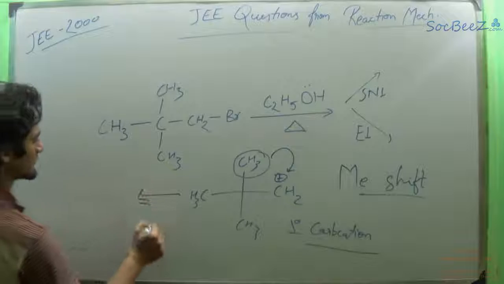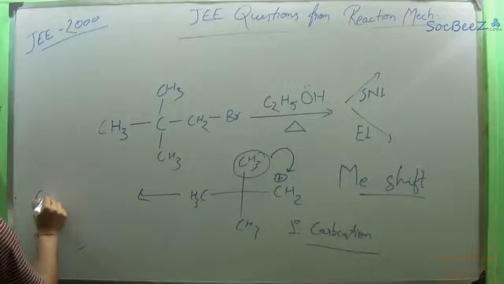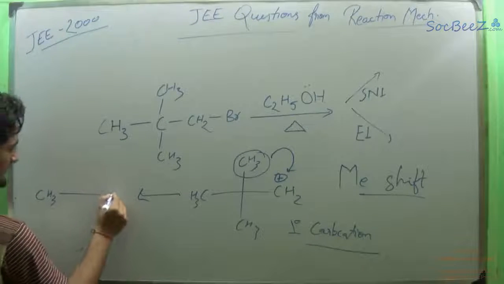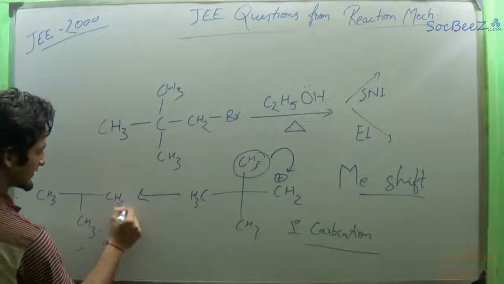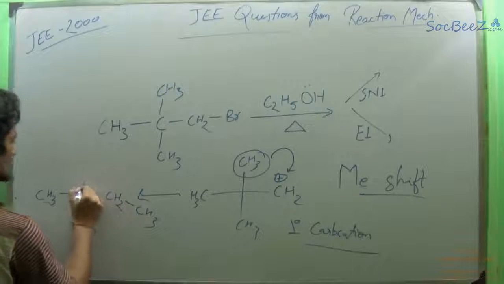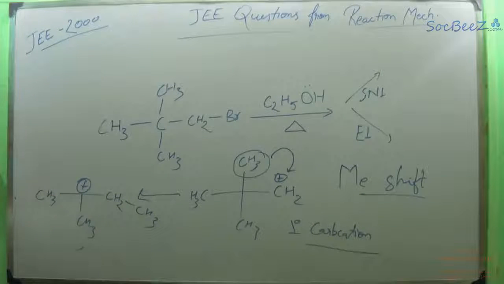So the new molecule formed is (CH3)2C+-CH2CH3, and there is a carbocation at this position. Now there can be two products.